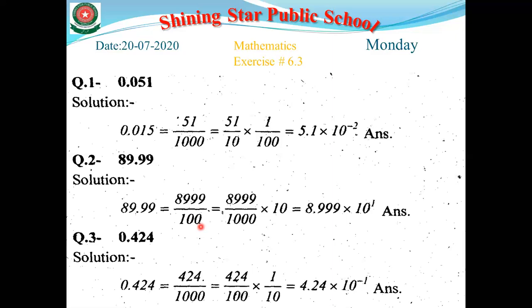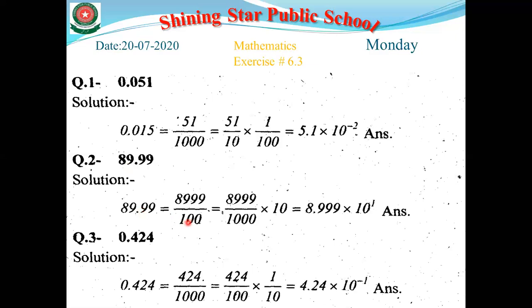Now we know that we have to write 8.999, because in scientific notation we only have 1 digit before the point, and that digit is from 1 to 9. So that's why we have to write 8.999.